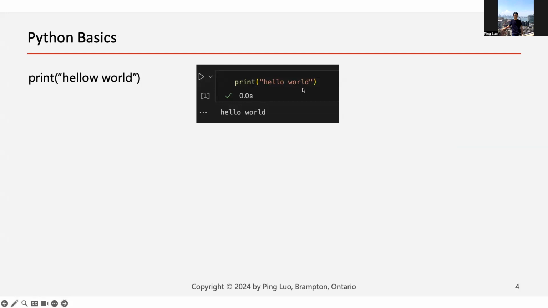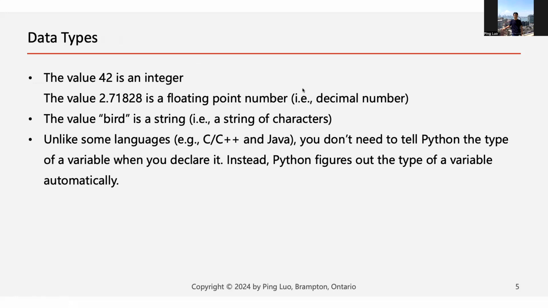But actually in Python, there's no difference between double and single quotation marks, so you can use whatever you want. In Java, a character needs single quotation marks and a string uses double quotation marks, but for Python, it's the same.